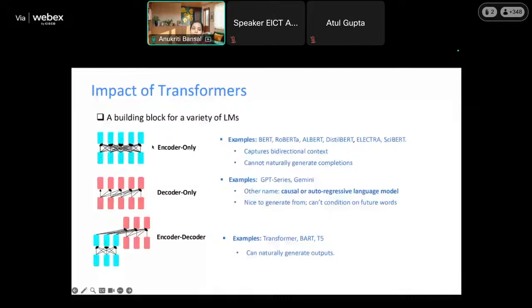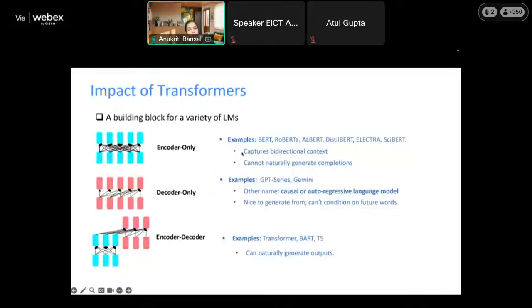There are some architectures which use only the encoder part of the transformer. So we have BERT, which only uses the encoder part, and what the encoder does is provide the contextual representation for each input token.